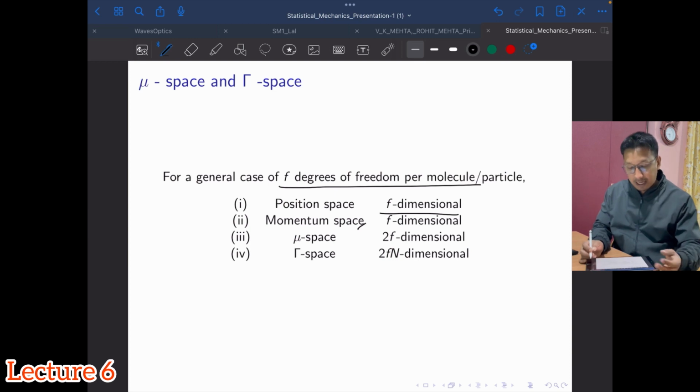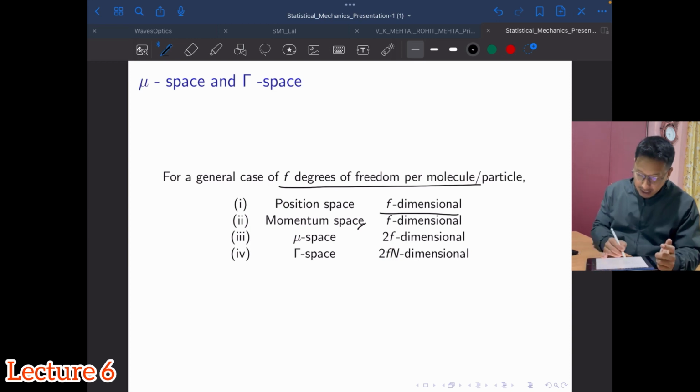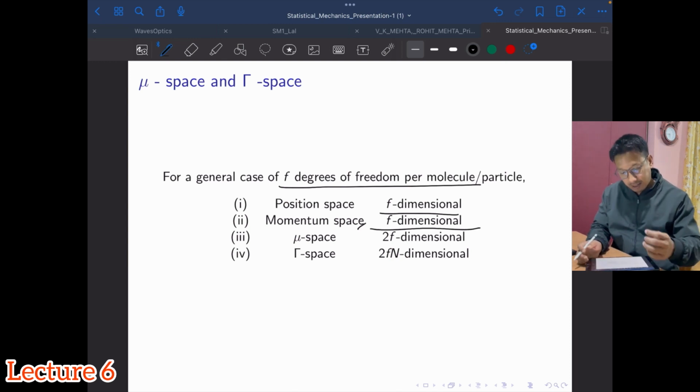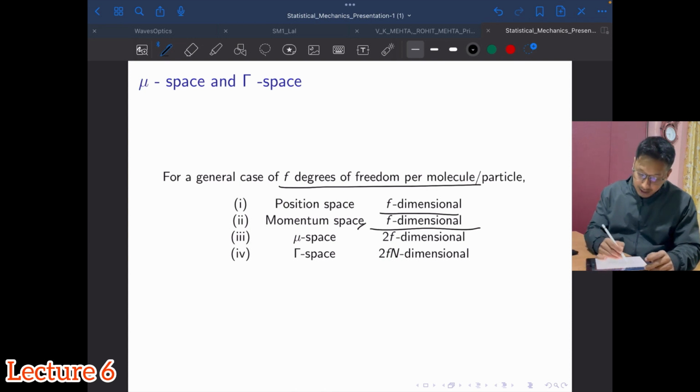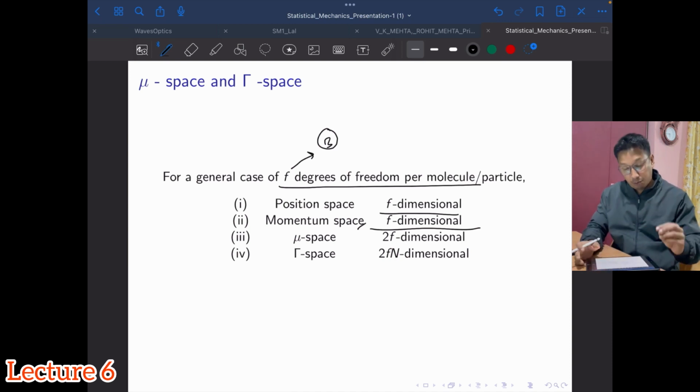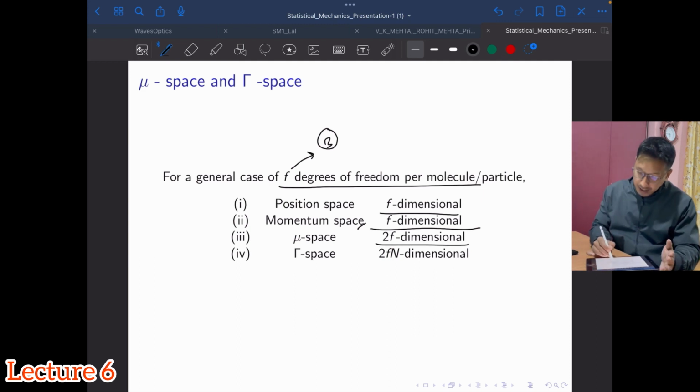If f is 3, it will be a 3-dimensional space, and similarly the momentum space is f-dimensional. You can consider f to be 3, and things will be much easier to understand. The mu space is a combination of position space and momentum space, so it became 2f dimensional.